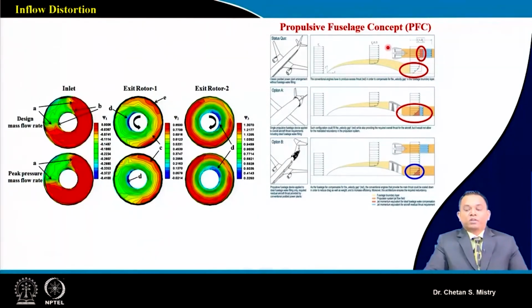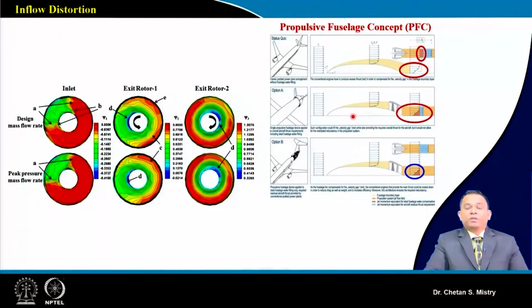So most of the thrust generated by the engine is utilized to overcome this drag, and because of that the total thrust requirement will be higher, and that impacts specific fuel consumption.